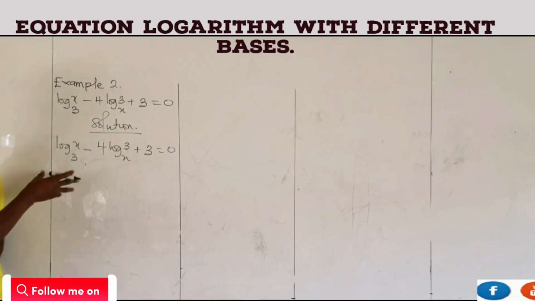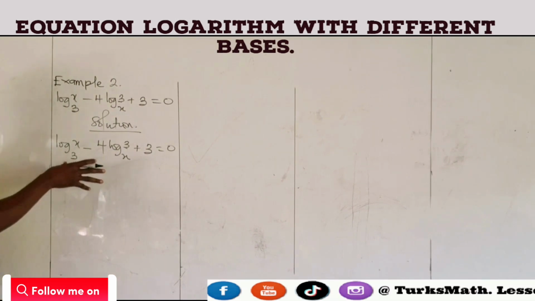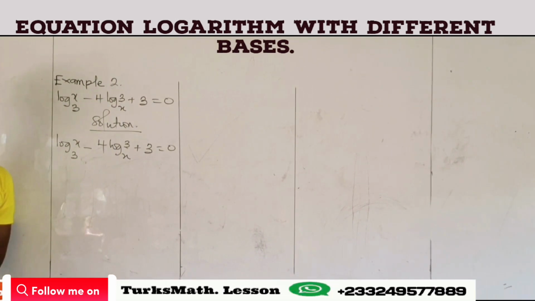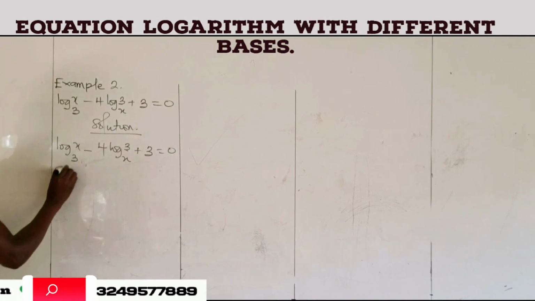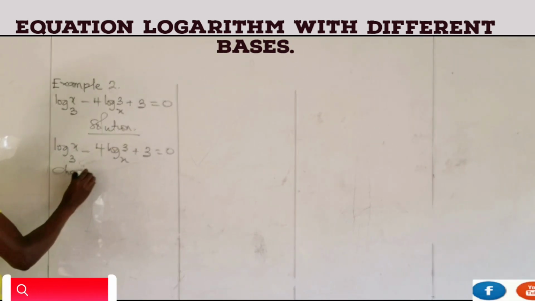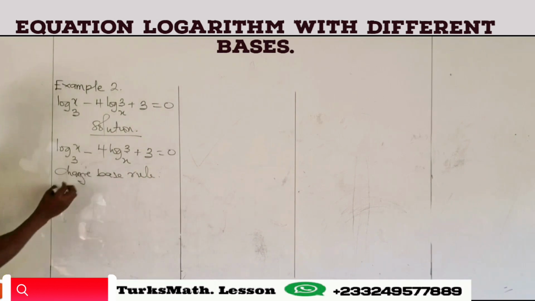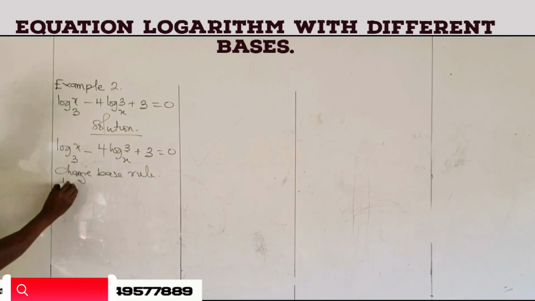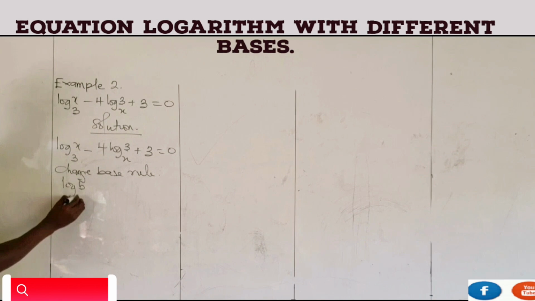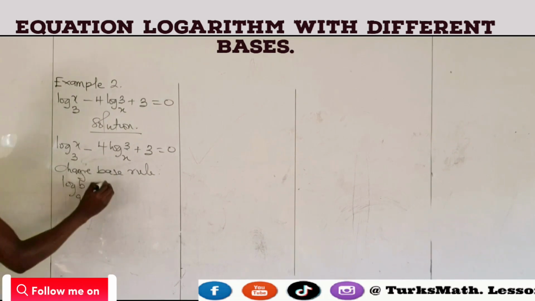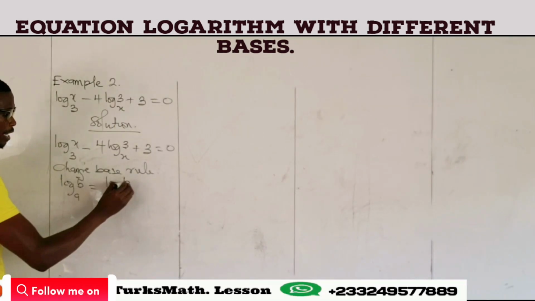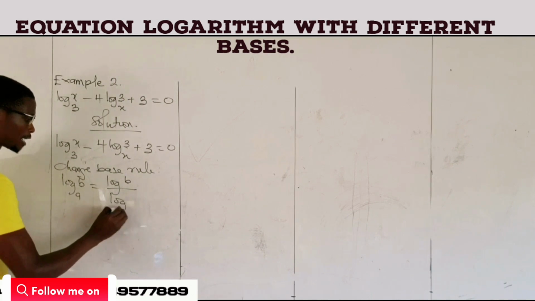Now, what are we going to do? Change base rule. So what will be our change base rule here? Let's apply it. Log b base a is equal to log b out of log a.